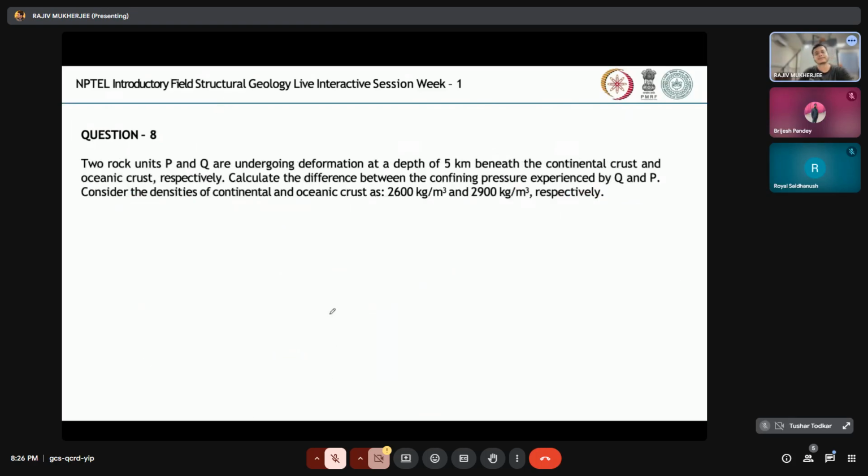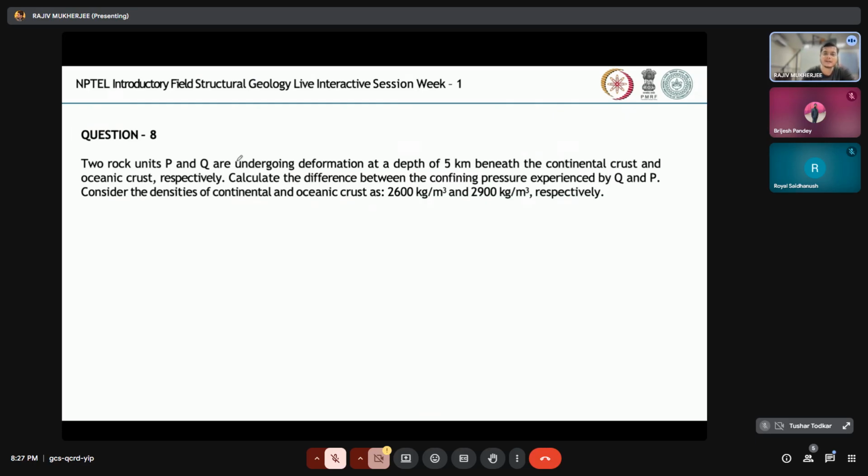Okay, question number 8. It says that two rock units P and Q are undergoing deformation at a depth of 5 km beneath the continental crust and oceanic crust respectively.